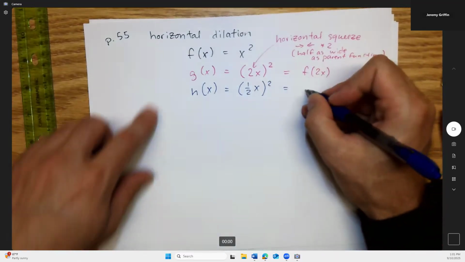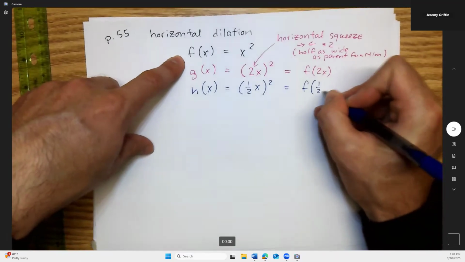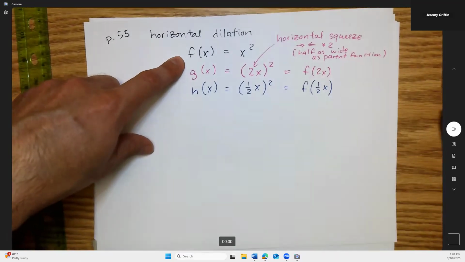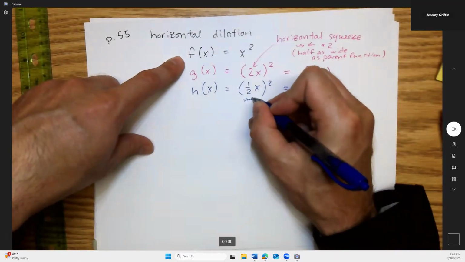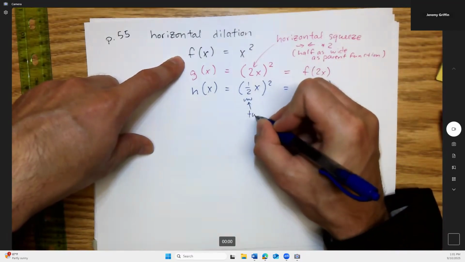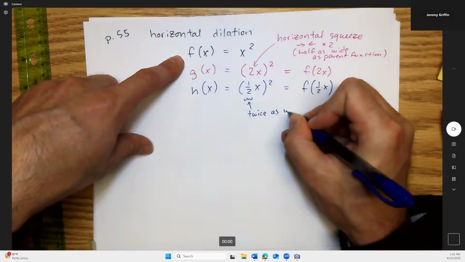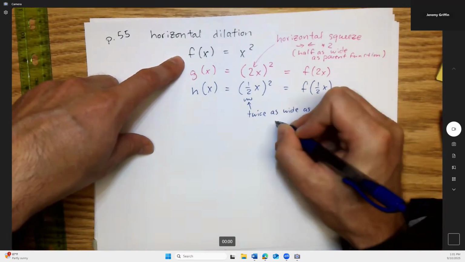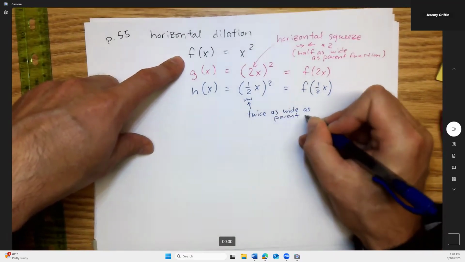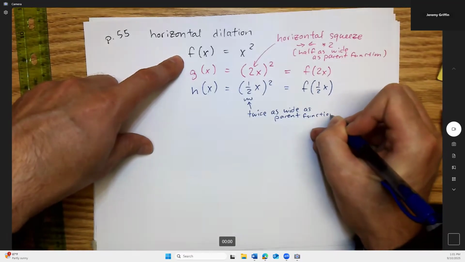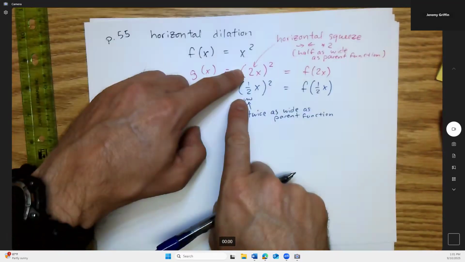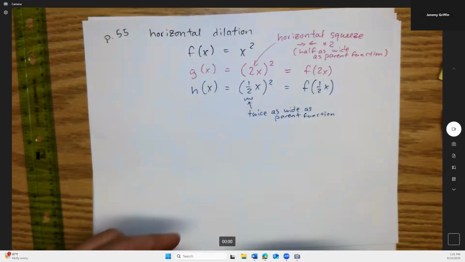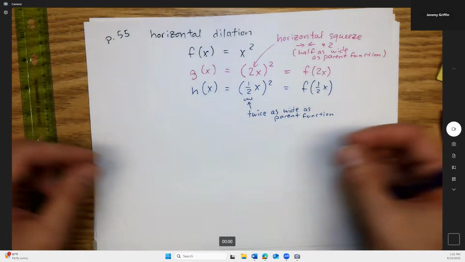That's to say you take the parent function of 1/2 x. This means it's twice as wide as the parent function, so it stretches it out. So whatever number is tagged onto the x, take the reciprocal, and that's how you multiply it horizontally.